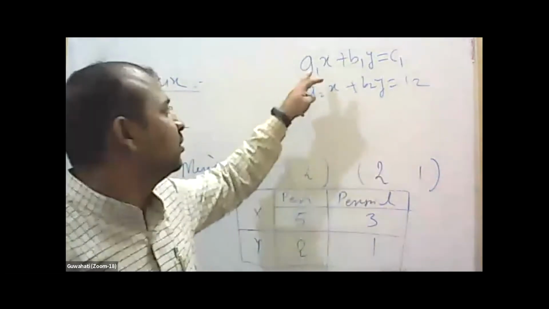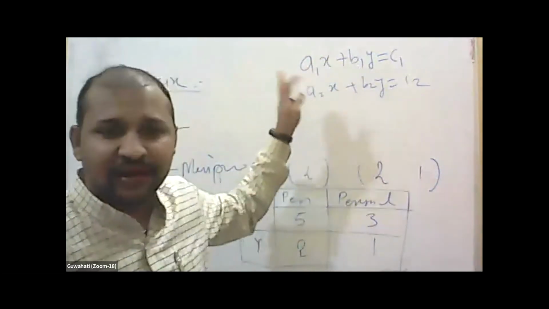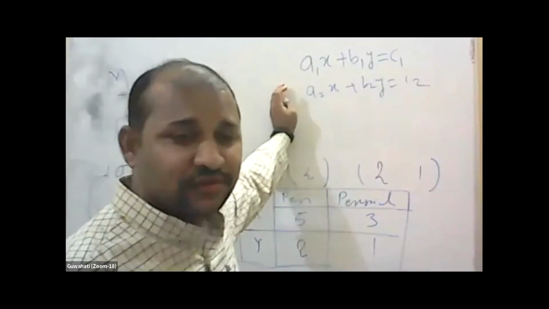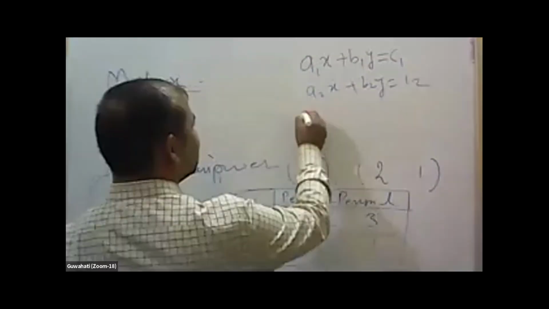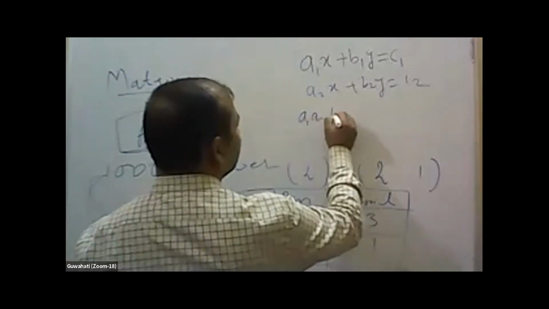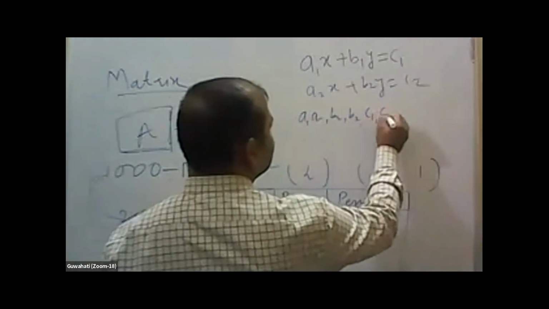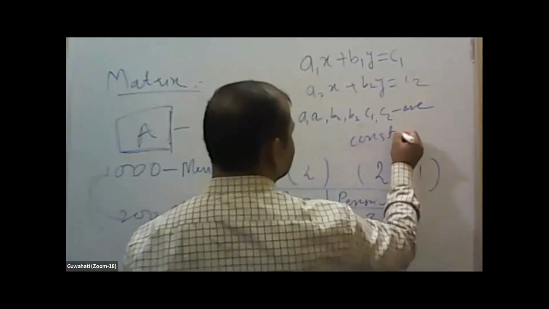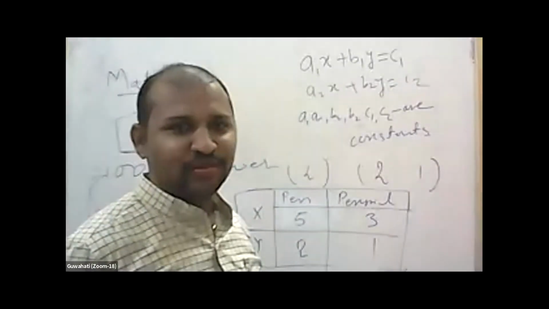How many unknowns are there here? 6 in total: a1, b1, c1 and a2, b2, c2. Oh, sorry. These a1, a2, b1, b2, c1, c2 are constants, they are known. The variables are x and y.